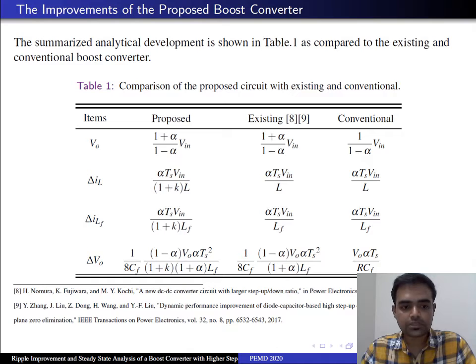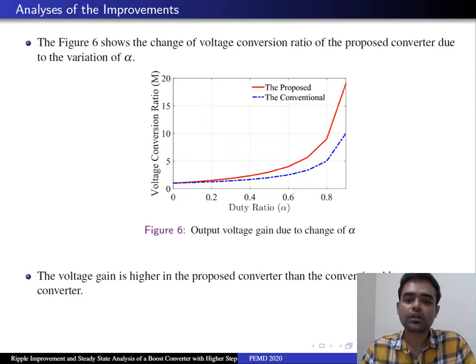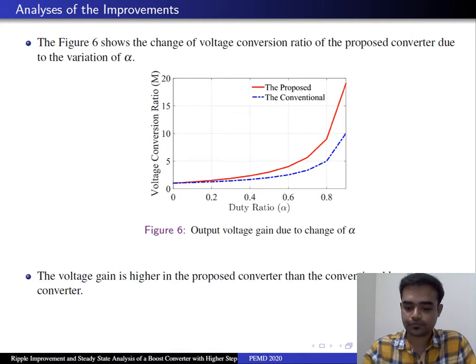The other features are delta IL, delta ILF and delta V0, in every case of which there is a 1 plus K term. So you can see that the proposed converter has less ripple than the conventional boost converter. Here figure 6 shows the voltage conversion ratio with respect to the duty ratio. You can see that the proposed converter's conversion ratio is better than the conventional boost converter.